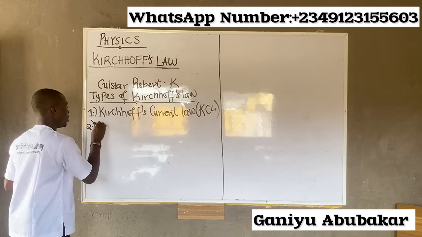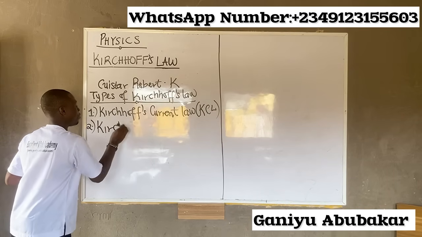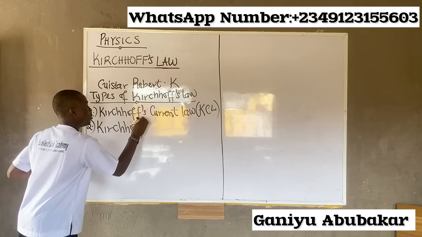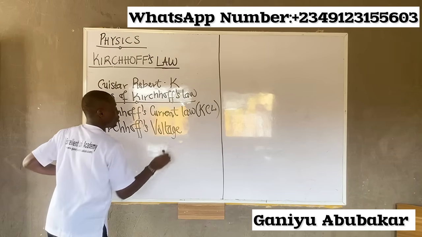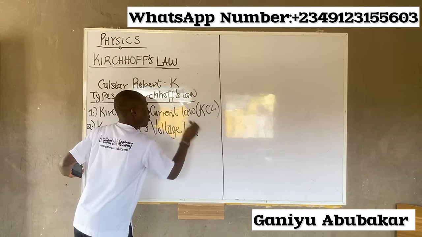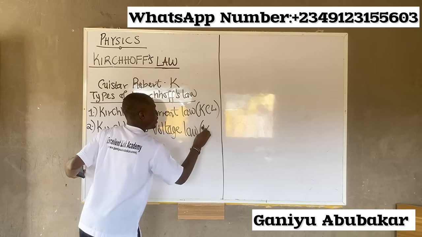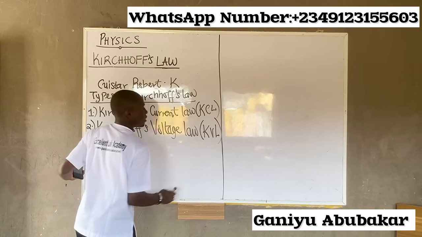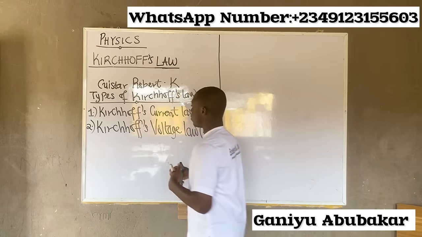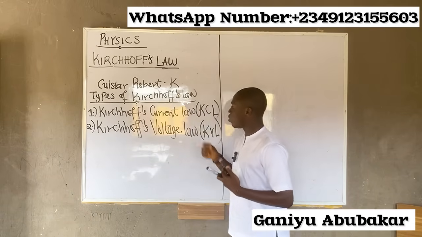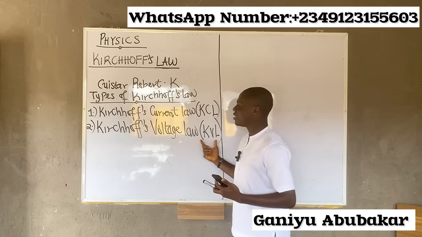That's KVL. So KCL means Kirchhoff's current law, and KVL means Kirchhoff's voltage law.